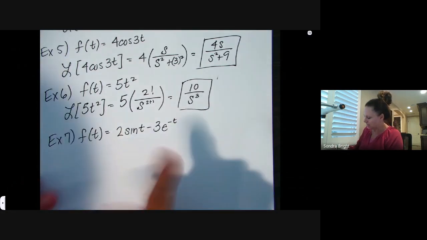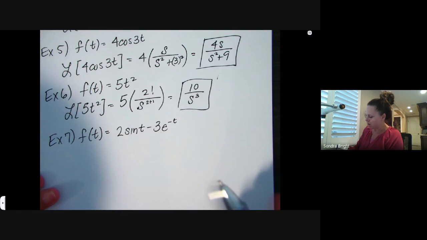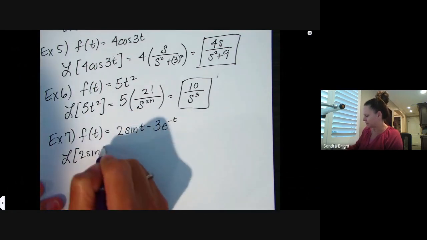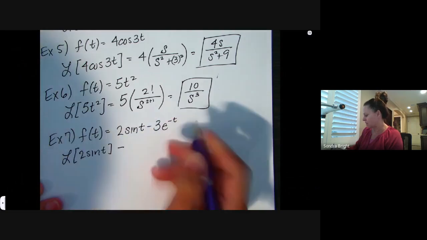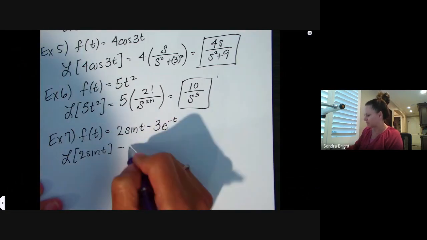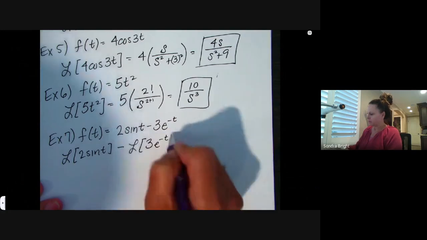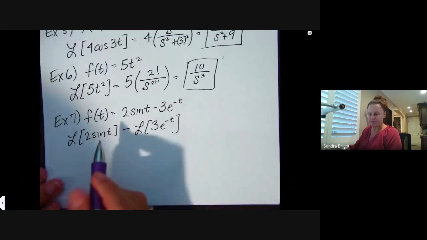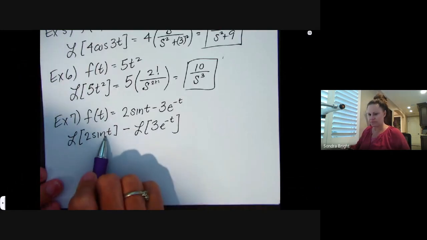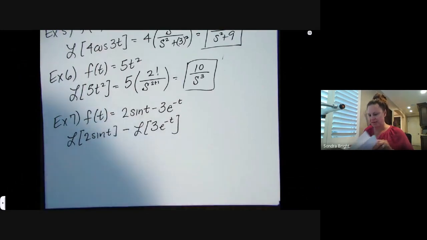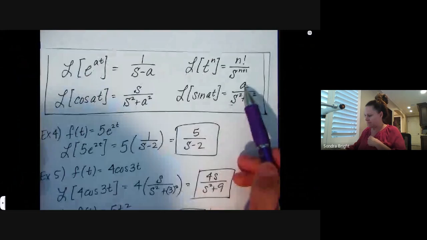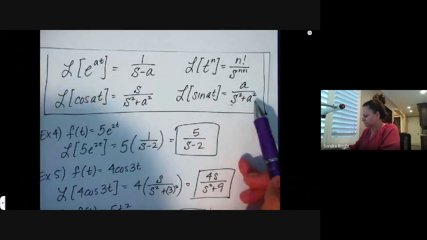So when you take it, it'll be the Laplace transform on 2 sine of t, and then minus, well, the Laplace transform on 3e to the negative t. So Laplace transform on this guy is, your a is the number in front of t. Hopefully you have it in front of you. I can't make it all on the same screen, but sine of at, so it's a 1 up there, and then an s squared plus 1 squared.